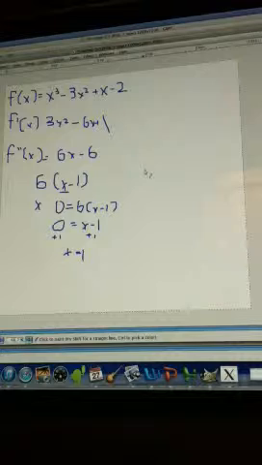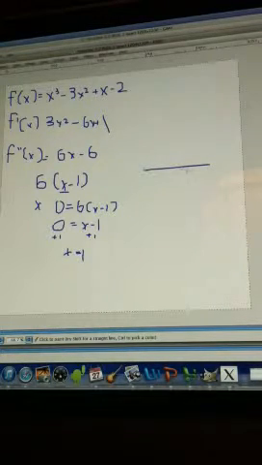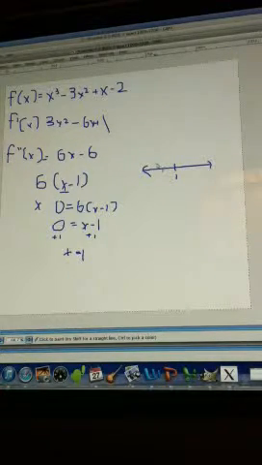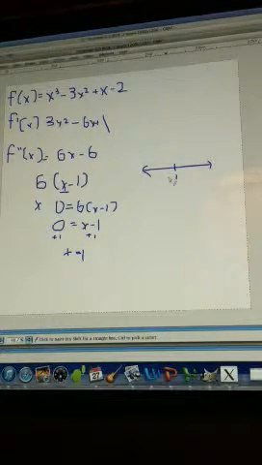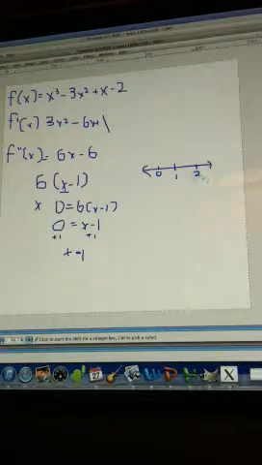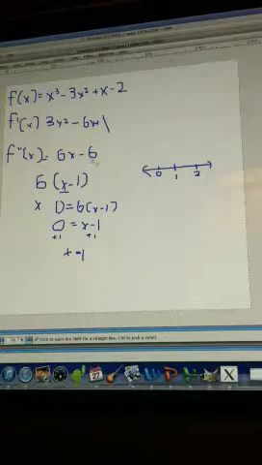Now next, set up a number line with your 0, and you're going to want to test numbers on each side of 1, your 0. For this one, we'll just try 0 and 2, nice round easy numbers, and we're going to plug them back into the second derivative.